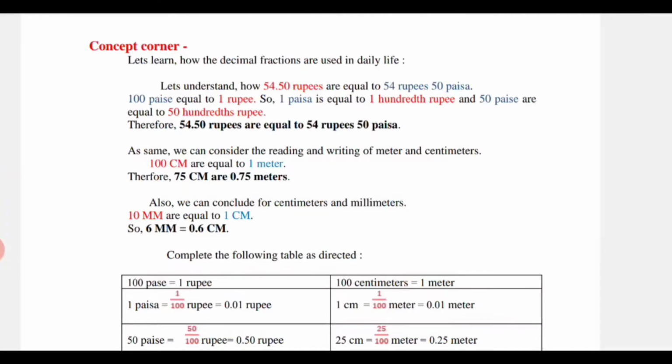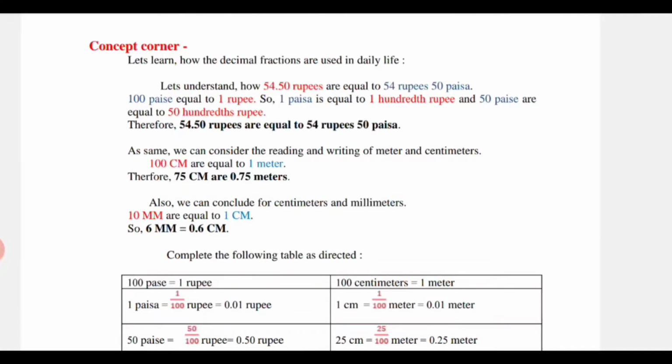After the decimal point, on the right hand side, the number written is paise. When we are talking about money, the number written on the right hand side of the decimal point is paise, and the number on the left hand side is rupees.